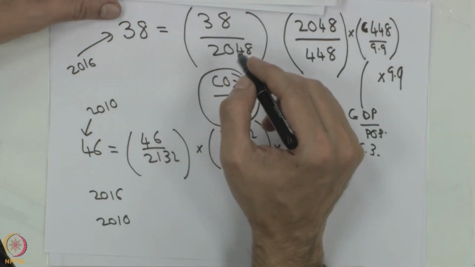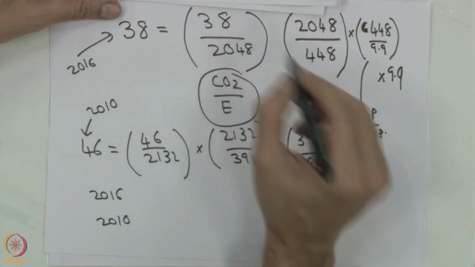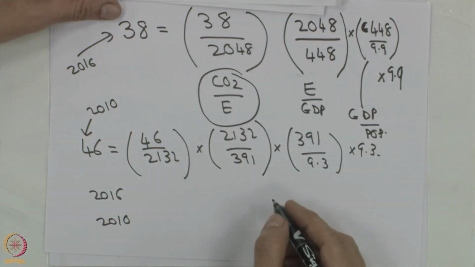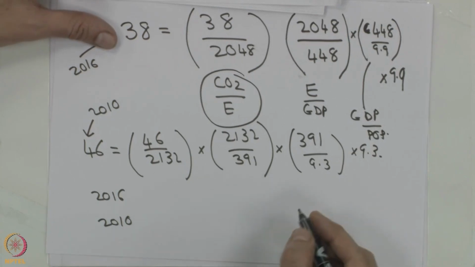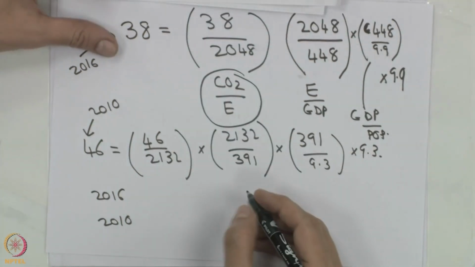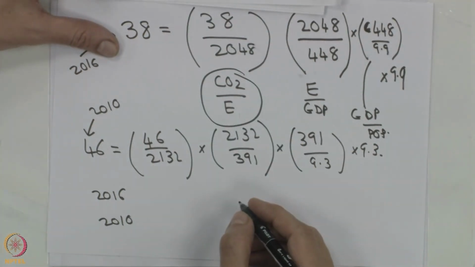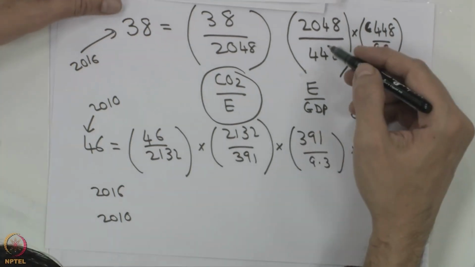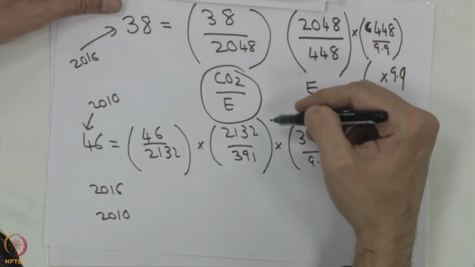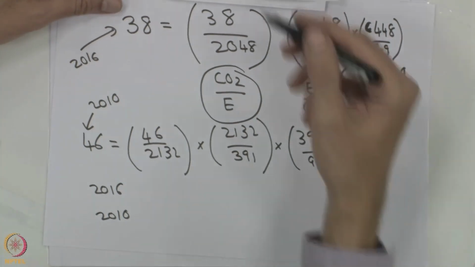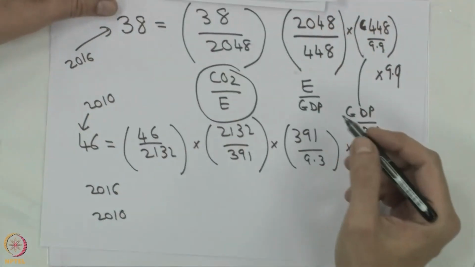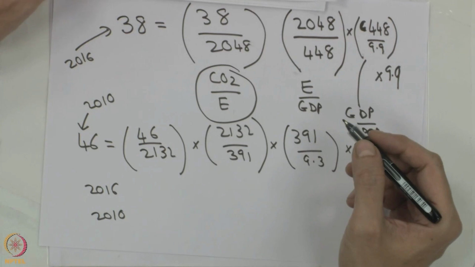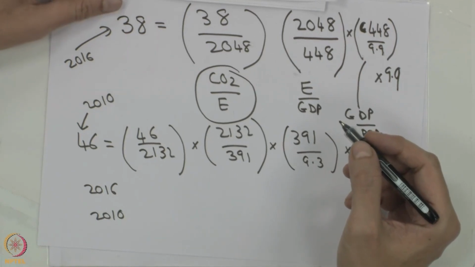The carbon intensity of energy decreases, by about 14%. There is an overall decrease in the CO2 emissions because the carbon intensity has decreased, as well as the energy intensity of the economy.